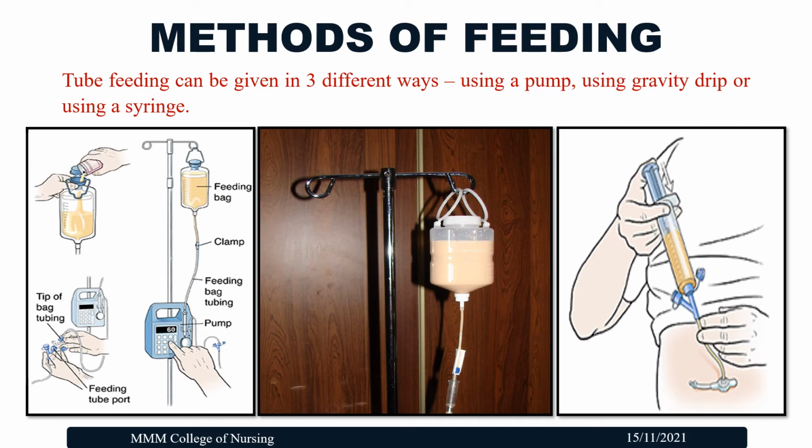The second picture shows a gravity drip, which is used to give larger amounts of formula over a shorter period of time, usually 4 to 6 times each day. The final picture shows feeding using a syringe, which is the fastest method where larger amounts of formula are given at a time.